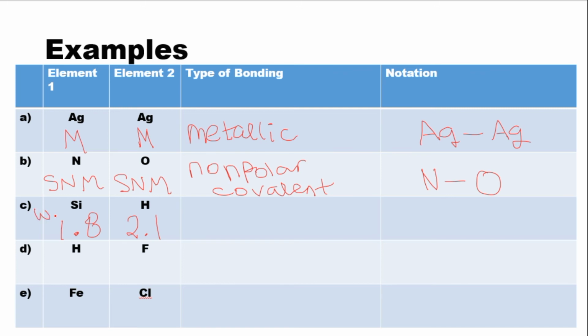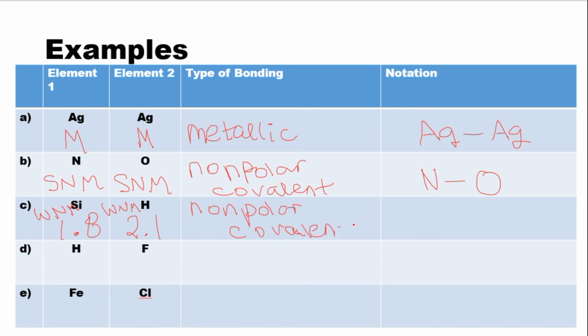So weak nonmetal plus another weak nonmetal is going to be another nonpolar covalent. And if you subtract the difference, so 2.1 minus 1.8, that gives you a difference of 0.3.